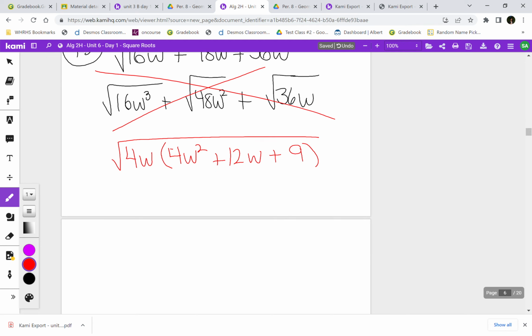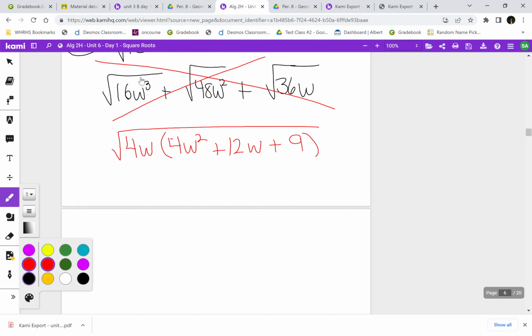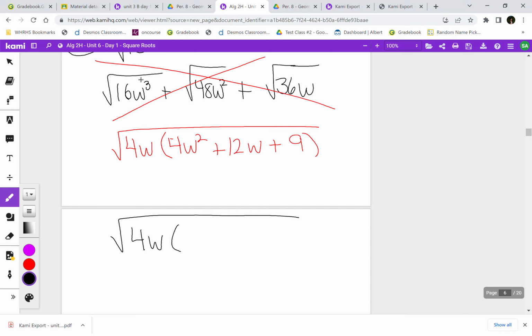Look inside your parentheses. 4W squared plus 12W plus 9. What can we do there? It's a perfect square trinomial, which means we can do what to it? Factor it. So this is going to be 4W times the quantity of 2W plus 3 squared.